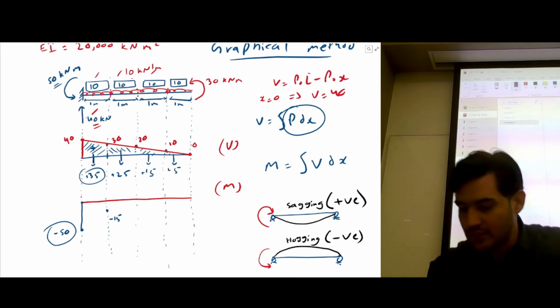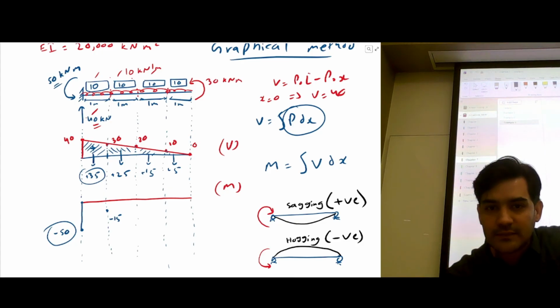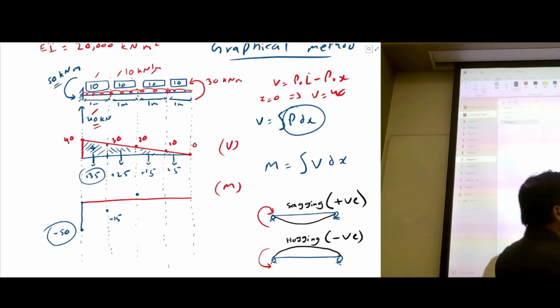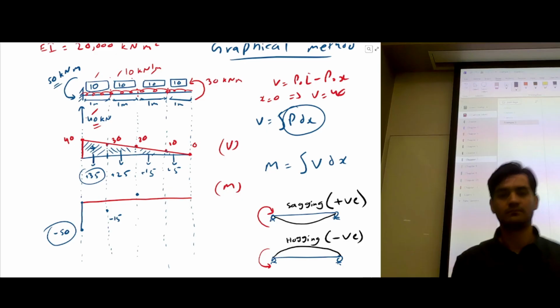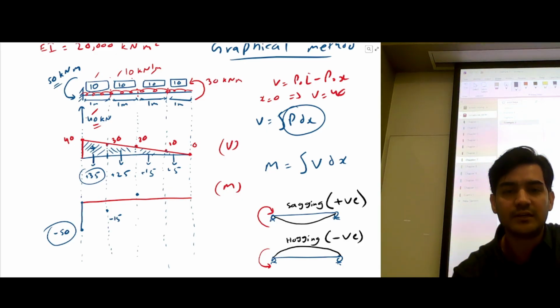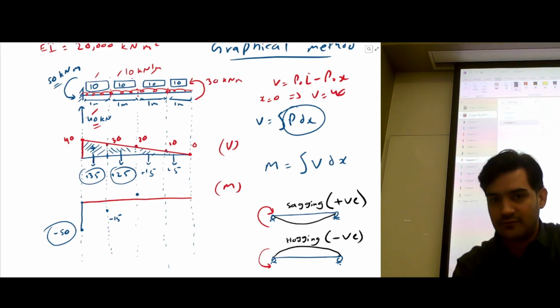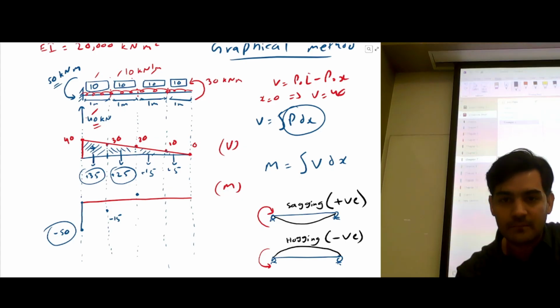If you want to calculate this point, it would be everything that happened before, right? You have already a moment minus 50. Minus 50 plus 35 plus 25 will give you this point, which is 10, right?